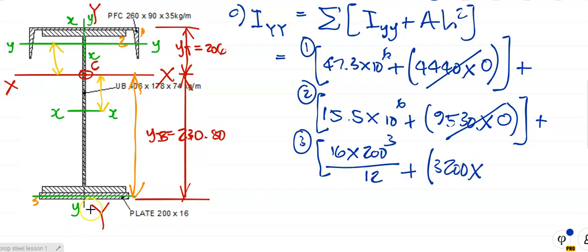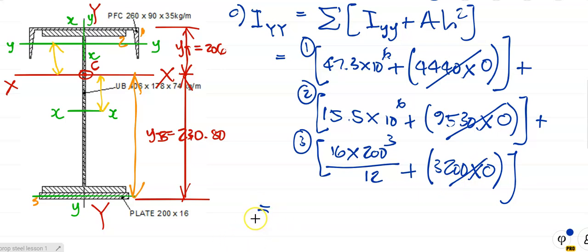What's h? h is the distance from the centroid of the plate to the centroid of the whole cross section, which is sitting on the y-axis. And yes, the y-axis of the plate is sitting on the same line as the y-axis of the whole cross section. So once again, its distance is 0. So that term also falls away.